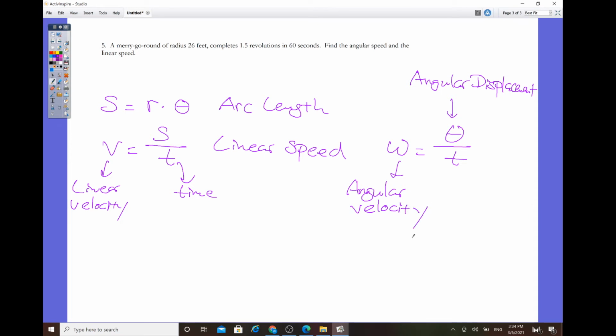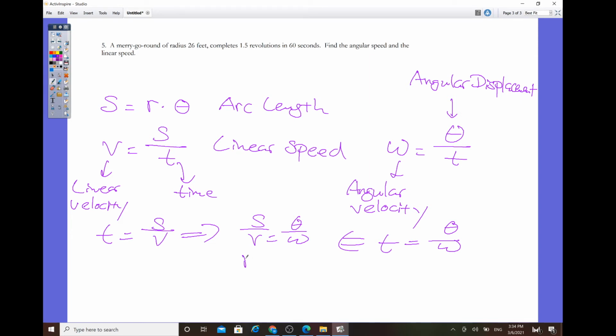And for those you might be wondering, what about the relationship of the linear velocity and the angular velocity? Let's find out. Let's say that T would be S over V. And over here, T equals theta over W. Now what happens if these two times are equal? Then S over V equals theta over W. Again, what's S?